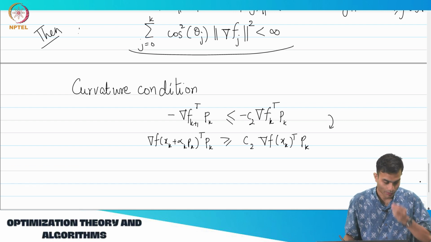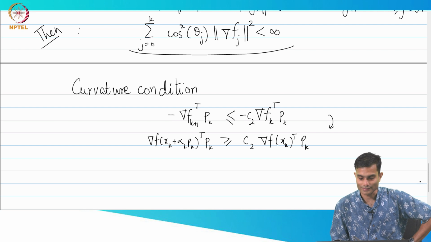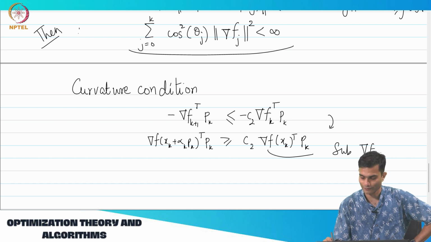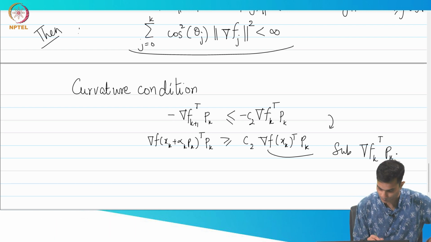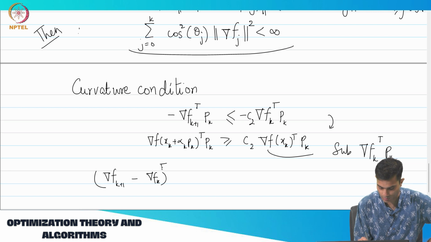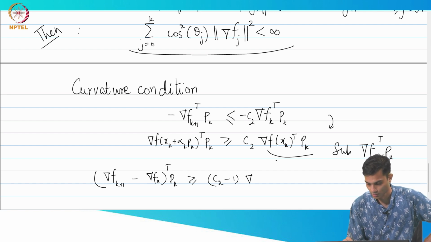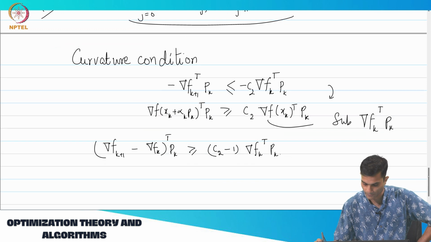Now let us subtract grad f k transpose p k from both sides. So this is grad f k plus 1 minus grad f k transpose p k, and this is going to be C2 minus 1 times grad f k transpose p k.